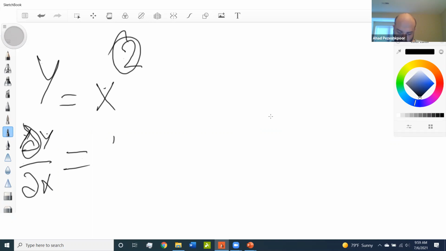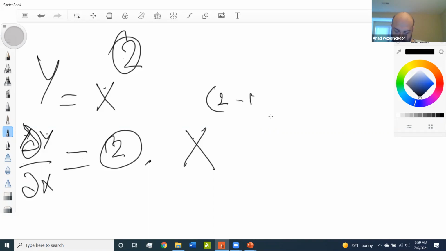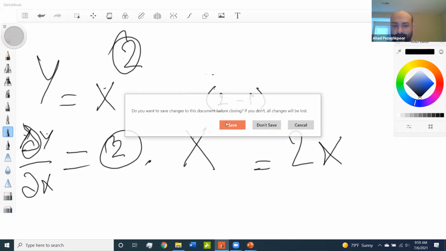The power becomes a multiplier, 2 times x to the power 2 minus 1, which is 1. So that's 2x. Now this is the rule to take a derivative for these kinds of functions.